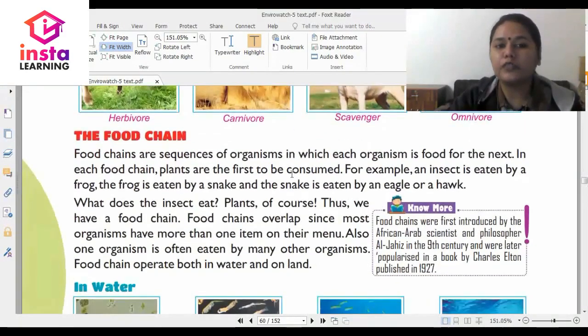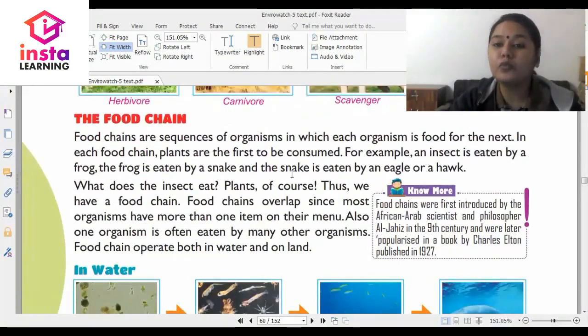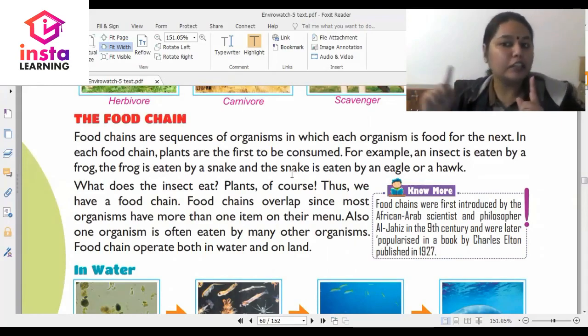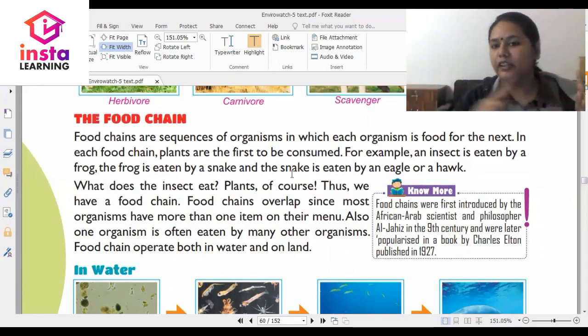The next thing that we will study about is the food chain. Now, why is it that we have been saying save the environment, save the trees, save the animals? Why? We're going to talk about that in the food chain. How one organism is dependent on the other organism, and this entire chain is very long. So if one organism in the chain is not there, how will this organism survive?